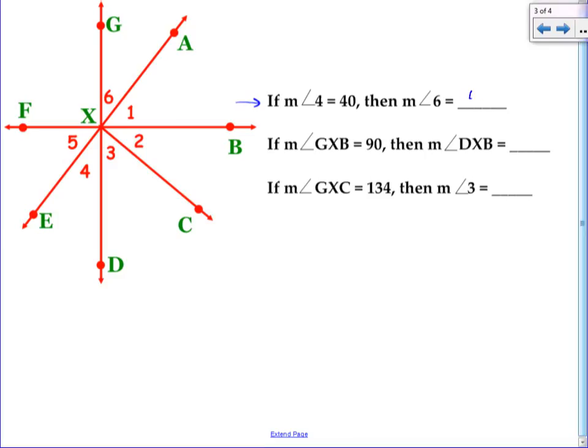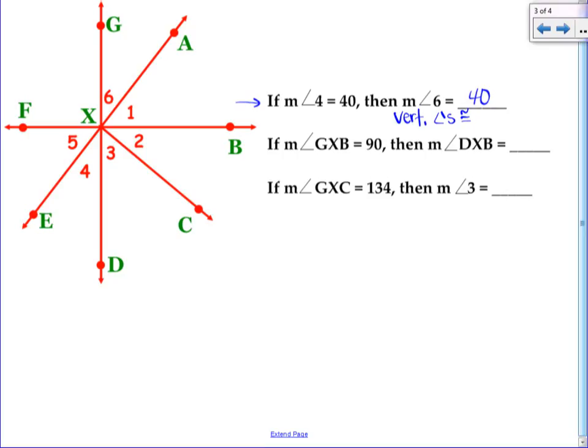So it's going to be 40 here, and if they ask for a reason, all we would say is vertical angles congruent. Okay, and you can abbreviate just like I did on all 3 words, or use symbols.